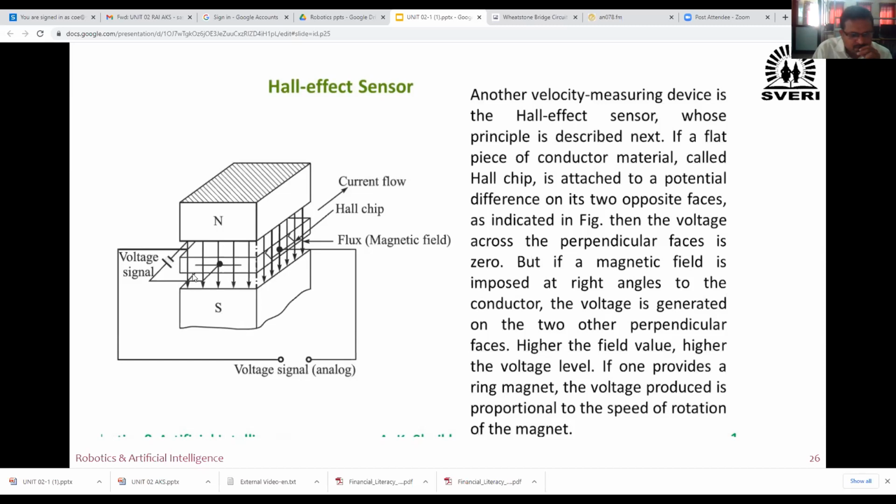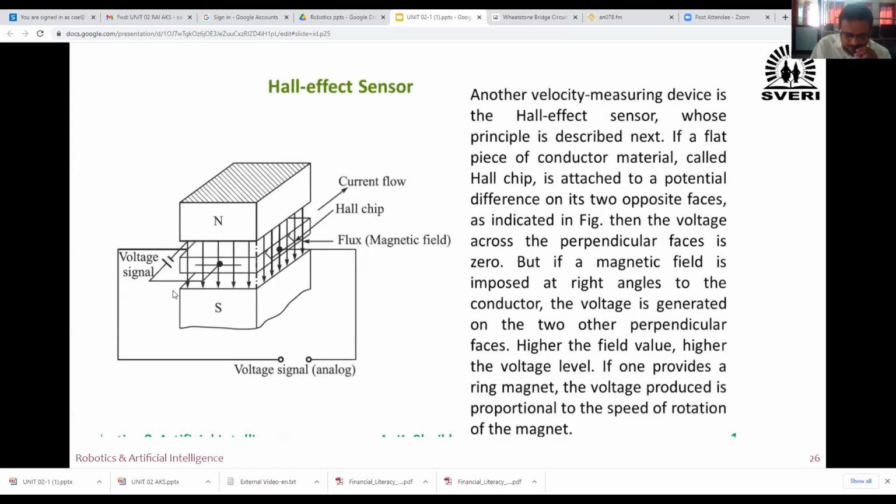Now the magnetic flux lines pass from north to south. Therefore, voltage is induced in these two opposite faces, which are perpendicular to the horizontal face of this Hall chip, means at this point we will get the voltage signal.